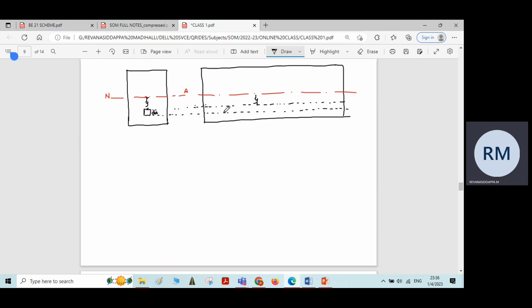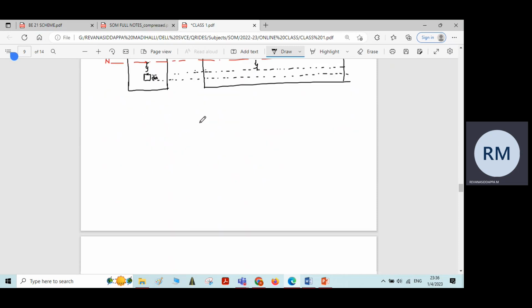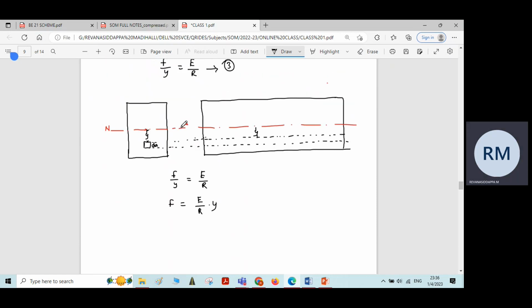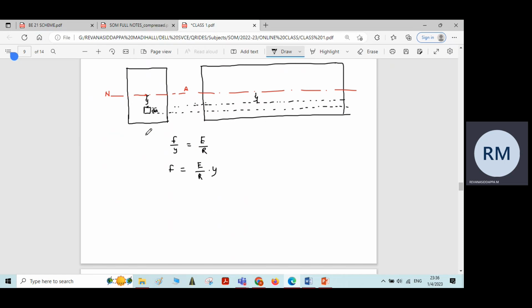Now we know the equation F by Y is equal to E by R. Let me take the previous equation, whatever we have derived. F by Y is equal to E by R. Therefore, the bending stress F becomes equal to E by R into Y. Now, in the second case, we have taken an elemental area dA at a distance Y from the neutral axis.